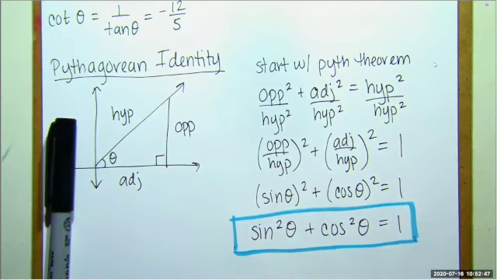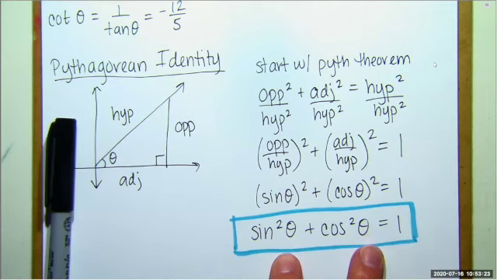This, along with that quotient identity, is one of the most used trig expressions. So when you're in calculus or physics, you might use this. This is a really neat formula. What this says is for every angle theta, it doesn't matter if our angle is 30 degrees or 45 degrees or 90 degrees or negative 270 degrees, it is always true that sine squared of theta plus cosine squared of theta will always be equal to 1.